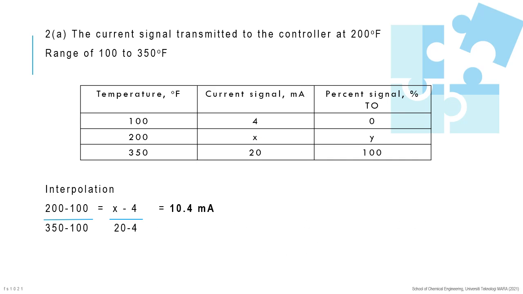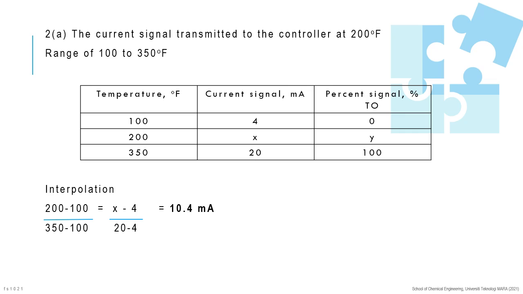To solve question 2A, you need to do an interpolation at the measured temperature, to find the current signal transmitted to the controller at 200 degrees Fahrenheit. You know the minimum of the current signal range is 4, while the maximum is 20, whereas the range of the temperature is between 100 degrees Fahrenheit and 350 degrees Fahrenheit.